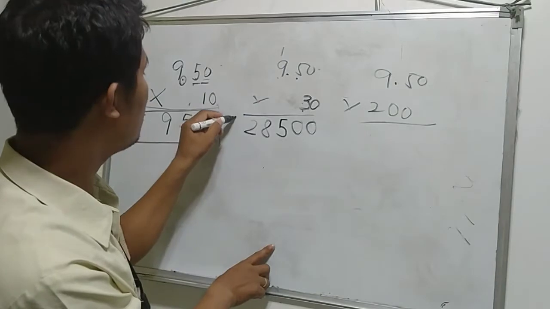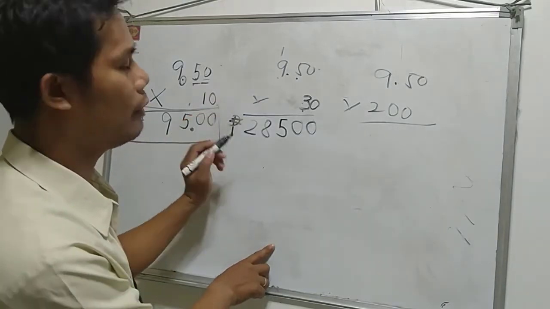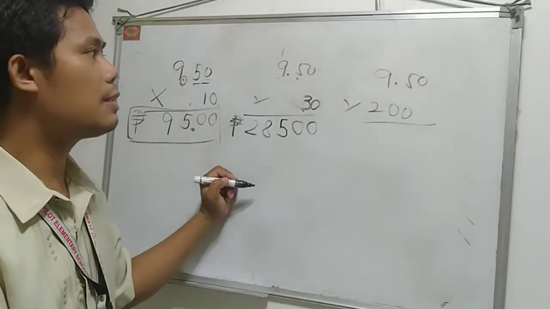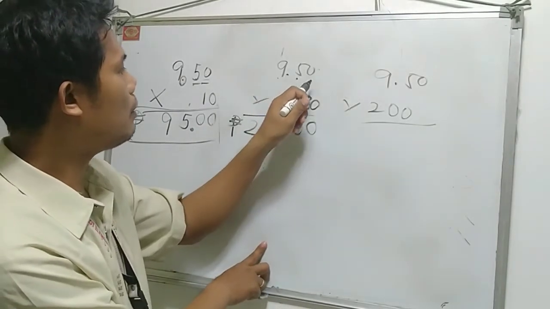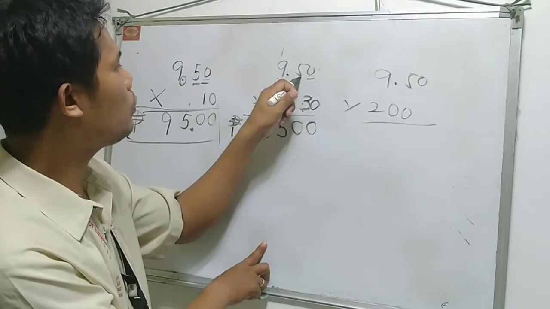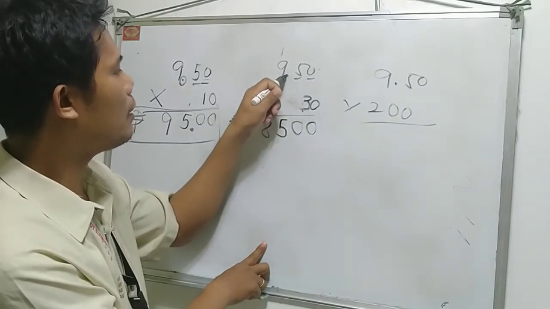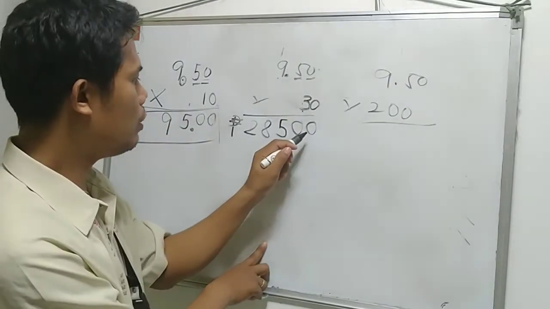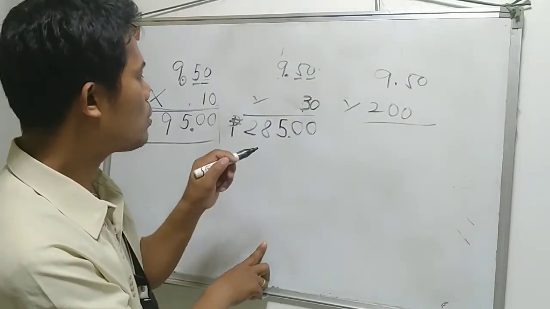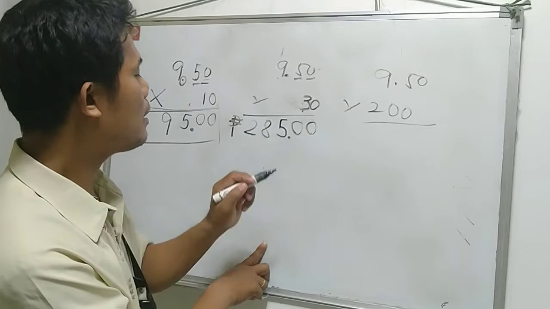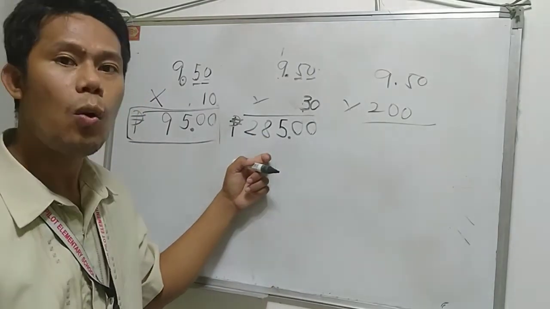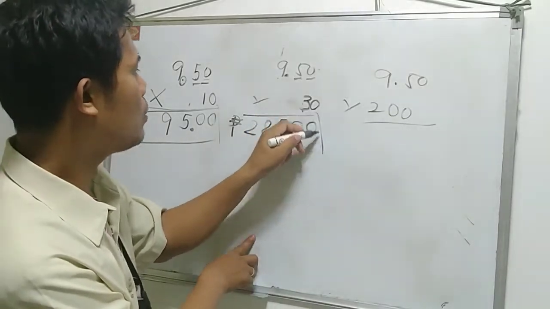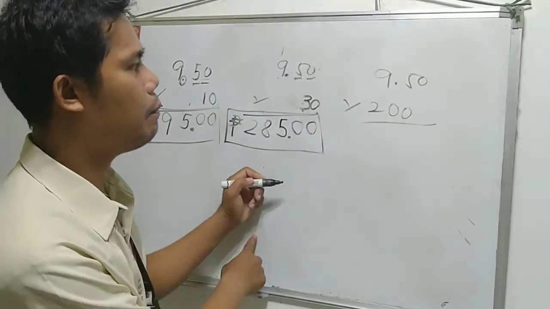Now, it is not yet done. We're going to count the number of decimal places. Everybody count? 1, 2. Dahil ito yung decimal point natin. So dalawang decimal places. So for 30 days, ang masisave ni Justin is 285 pesos. Ayan. So 285 pesos.